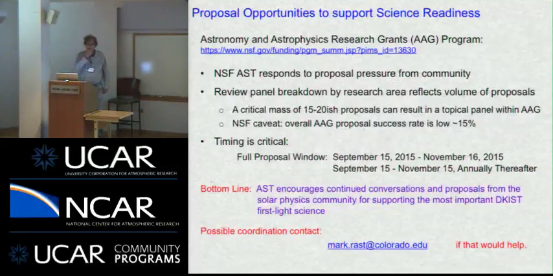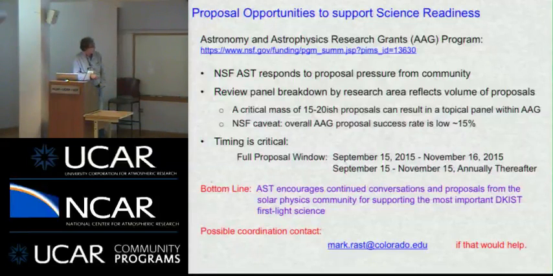One other thing I'd like to mention is that we've talked a lot with the NSF about how to facilitate work in preparation for DKIST. One of the difficulties that the NSF faces is that proposals from the solar community often come in a few at a time, so their review panel breakdown really reflects the volume of proposals that come in.